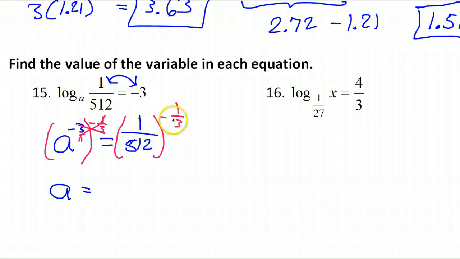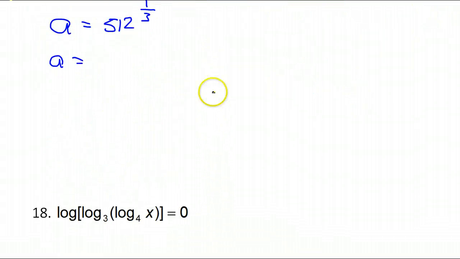Well, if you have a fraction and a negative power, you do the reciprocal. So the reciprocal of 1 over 512 is just 512. So now I have 512 to the 1/3 power. Well, remember that the 1/3 power is the same thing as the cube root, third root.